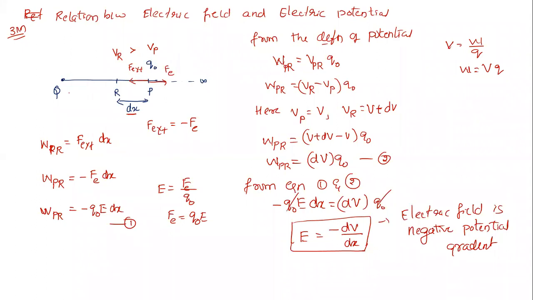So potential changing with respect to distance, dV by dx, is called the potential gradient. Since there is a negative sign, I say negative potential gradient. From this equation, we can understand that the direction of electric field is always in the direction of decrease in potential. With this, we're going to end today's session.